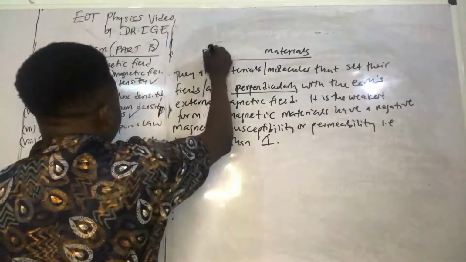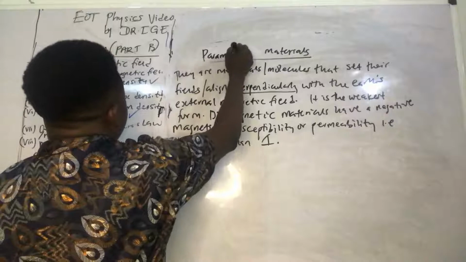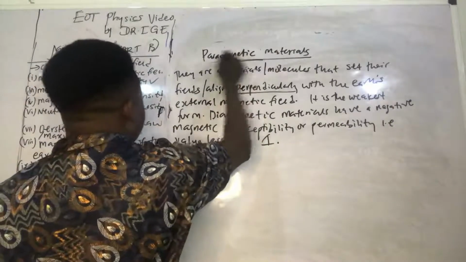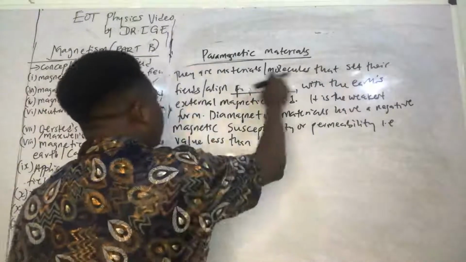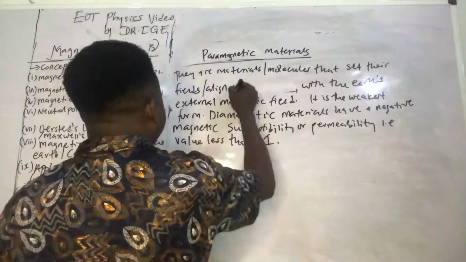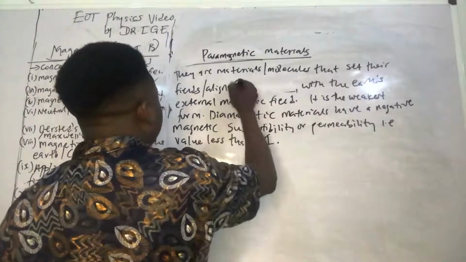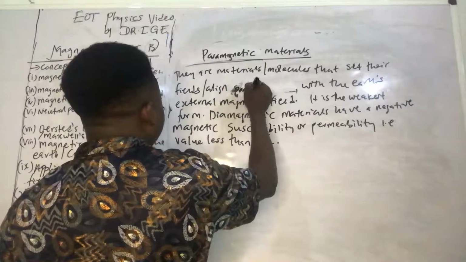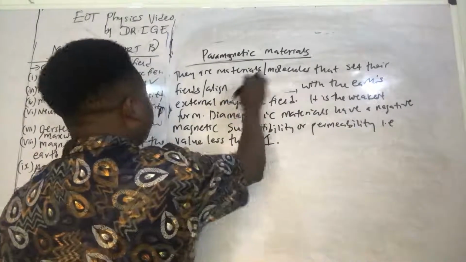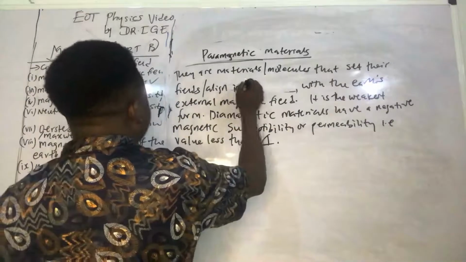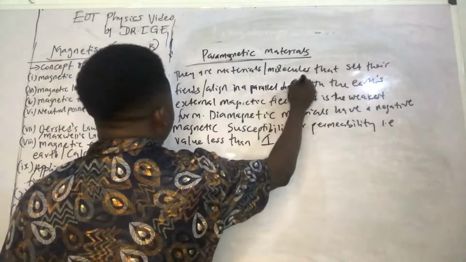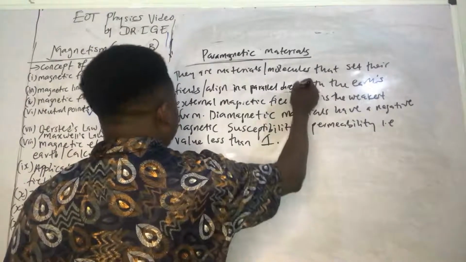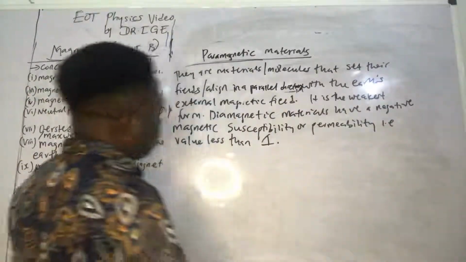Let's talk about paramagnetic materials. There are materials or molecules that set their fields in a parallel direction with the external magnetic field.